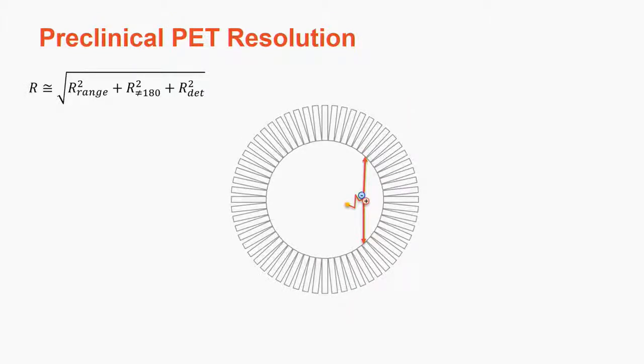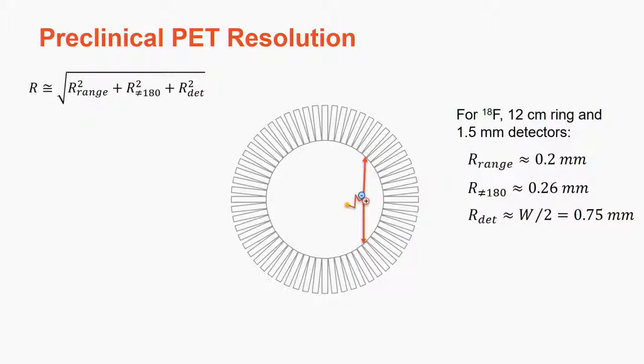So one thing we can do is to reduce the diameter of the detector ring, and that helps us in a couple of ways, in particular with the acollinearity effect. When you reduce the detector ring, you can also use thinner crystals if you want to achieve higher spatial resolution. So if we take a similar example that's a little bit more geared towards small animal brain imaging, with a 12 centimetre detector ring and typical 1.5 millimetre size detectors, now you see the acollinearity contribution is only 0.26 millimetres.